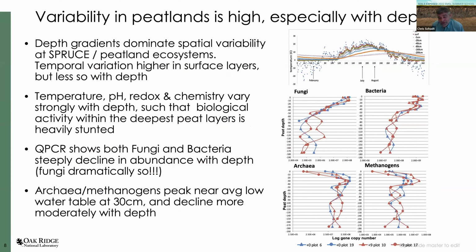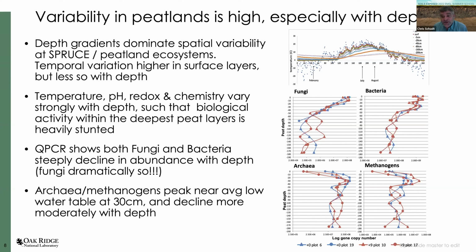So the variability across these peatland sites, and even within this peatland site, is quite large, especially with regard to depth. Horizontal spatial variability across the bog is not as great as the variation that you see in chemistry and microbial properties with depth into the bog surface.